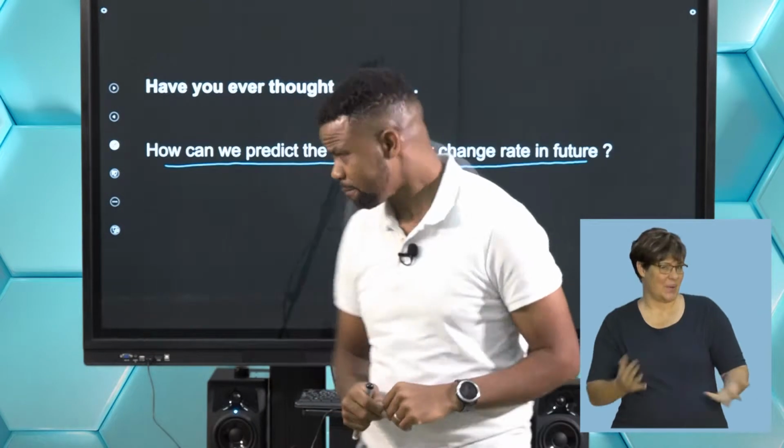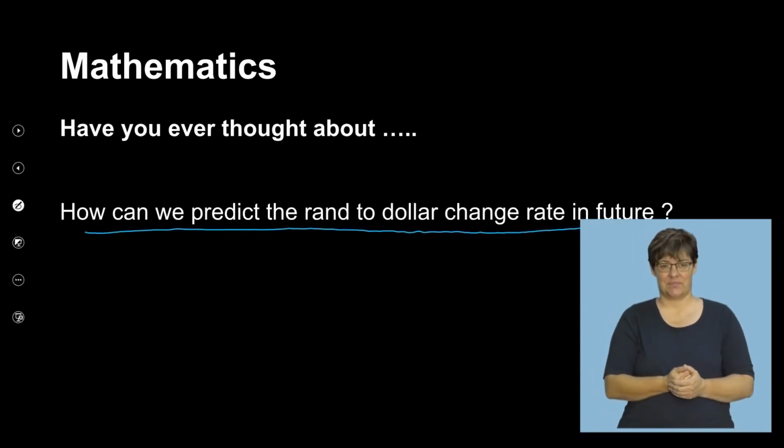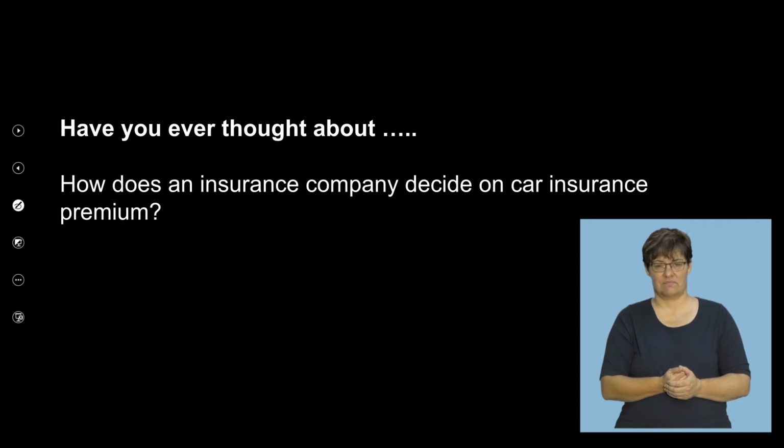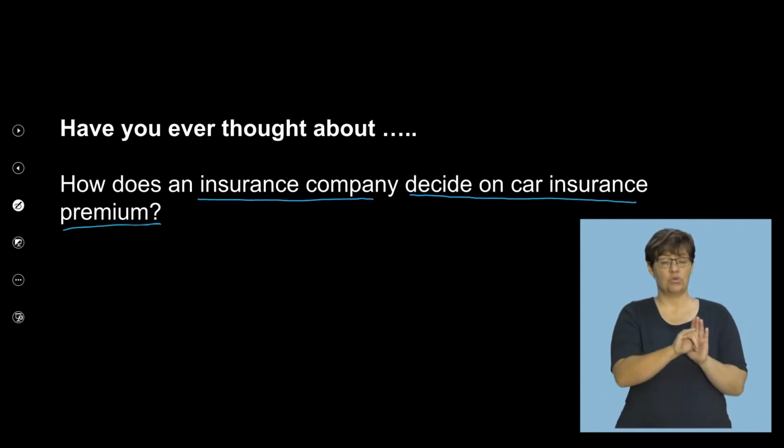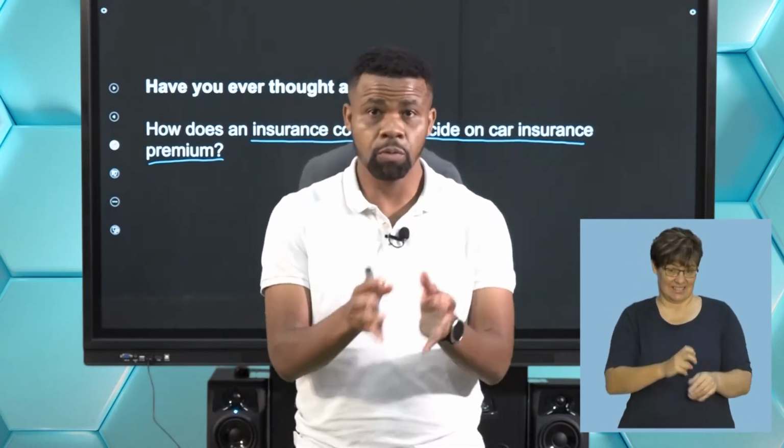Okay, another thing to think about is how does an insurance company decide on a car insurance premium? I mean, when you buy a new vehicle, especially if you're taking a loan, even if not in cash, you have to have insurance because you'll never know what might happen on the road. We pay different premiums.